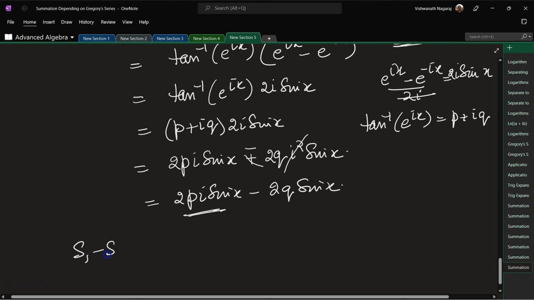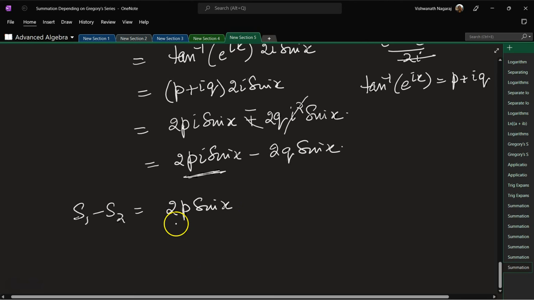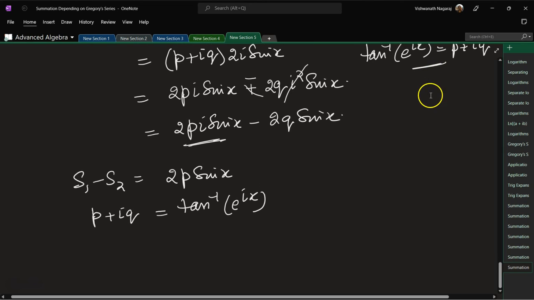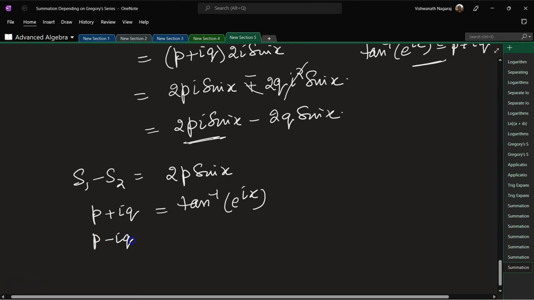So S1 minus S2 is equal to 2p sine x. So the imaginary part will be 2p sine x. Now p plus iq is equal to tan inverse of e to the power of ix, which is what we did here. Now p minus iq would be what?